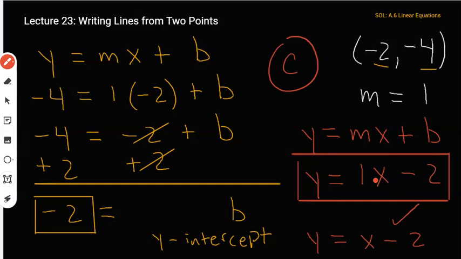I keep getting that part wrong too. I don't put the slope in for x. I like that time I put -4, right there. But I got it. So your x is going to be right here, and your y is going to be right here.